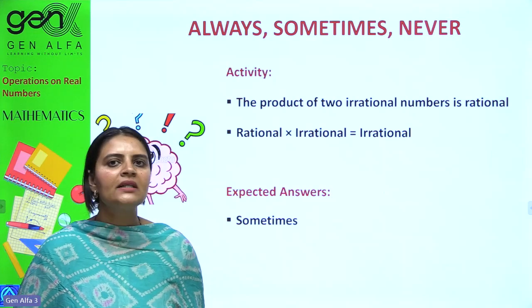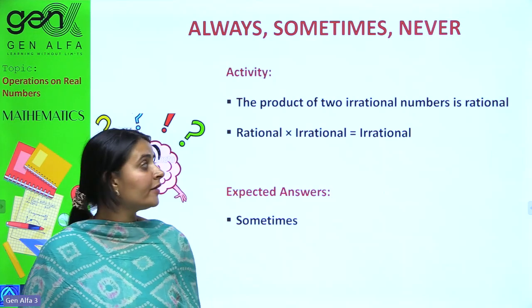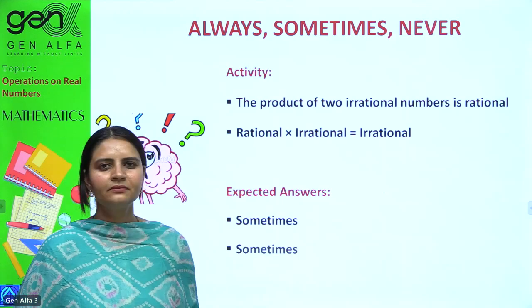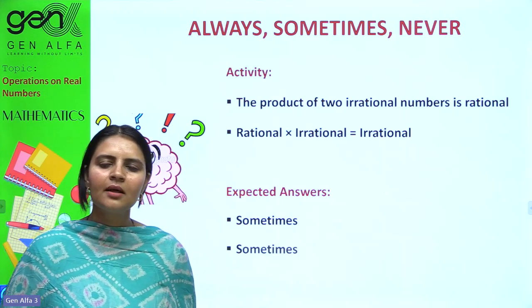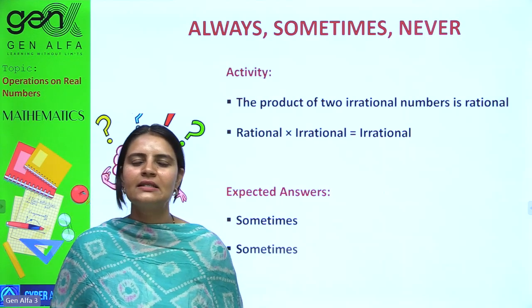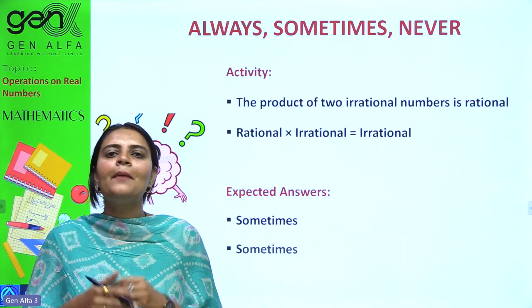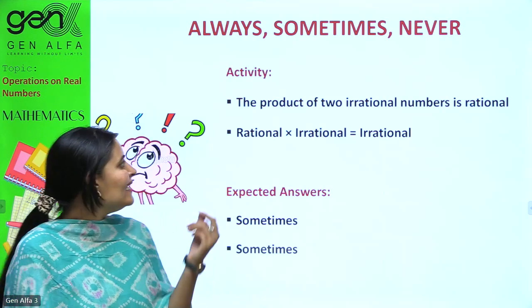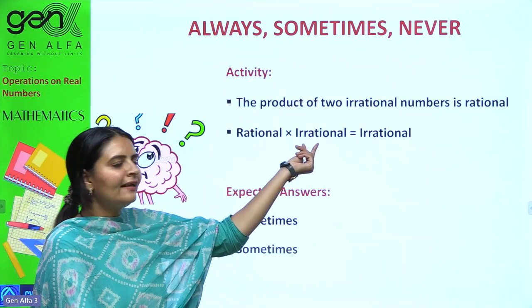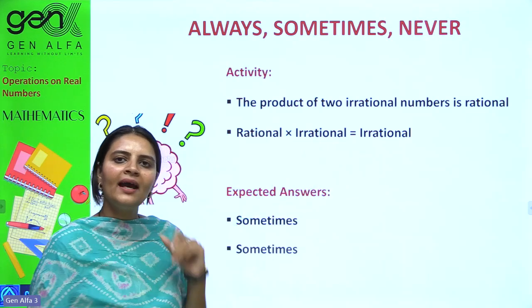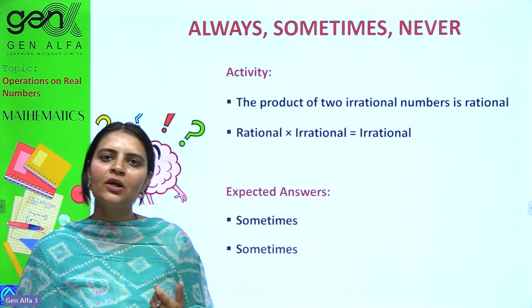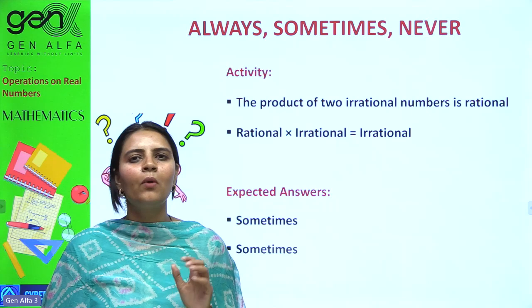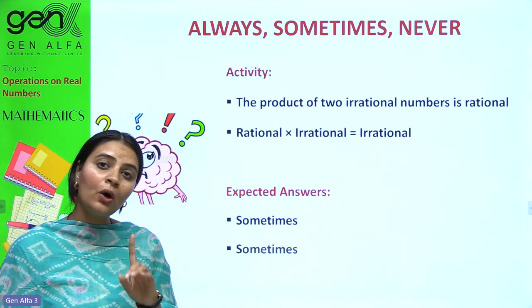Is it sometimes? Why not always? Think about 0. 0 multiplied by any irrational number will give you 0 again. So how could it be irrational always? Mostly it will be irrational, but not always.